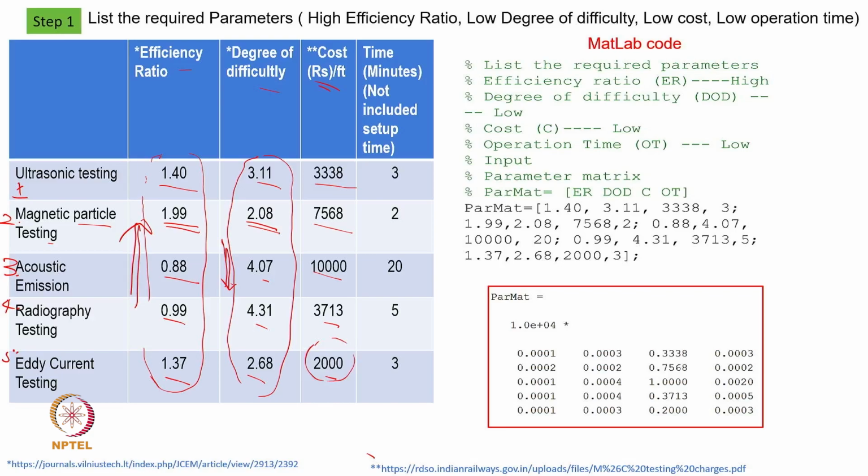Coming to the time, of course, they have not included the setup time. If you include that, it will give a better picture. For the time being, to explain this method, we have picked up the data and we find again that magnetic particle takes the minimum time to set up everything. It takes only 2 minutes, and then the next one is ultrasonic testing, which takes 3 minutes, and eddy current takes 3 minutes, while acoustic emission takes a very high time of 20 minutes.